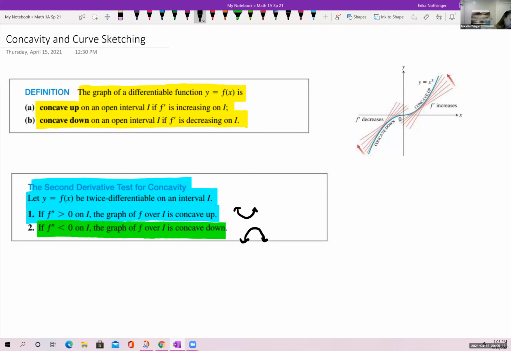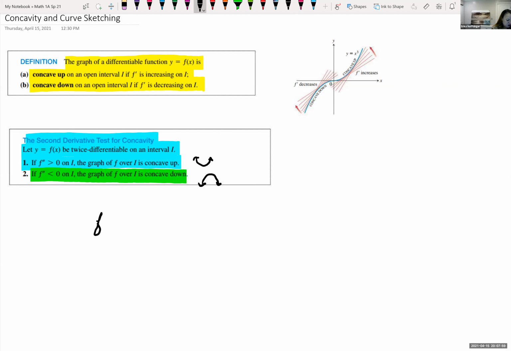Okay, so it really depends on: is our first derivative greater than 0? If we have that our first derivative is greater than 0 and that our second derivative is greater than 0, this is telling me that it's an increasing function, so going up left to right.